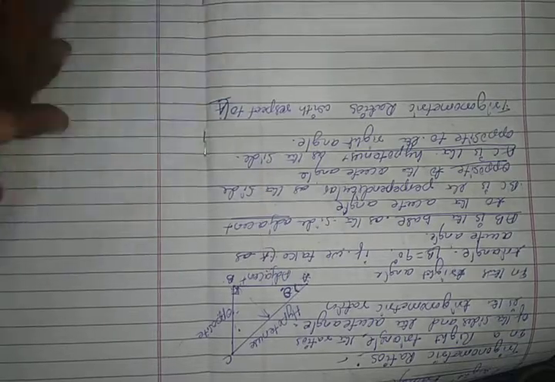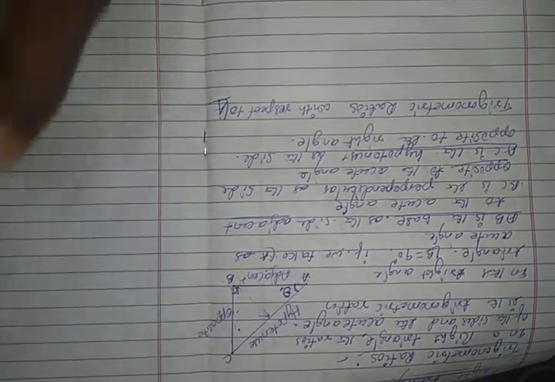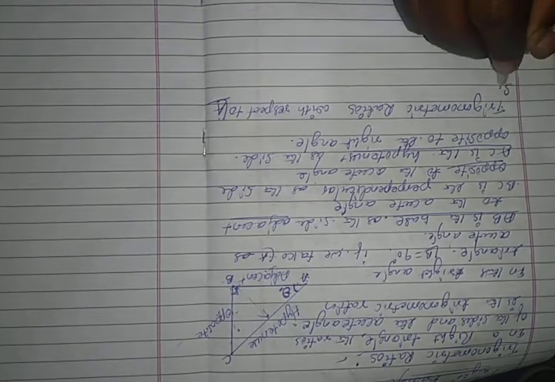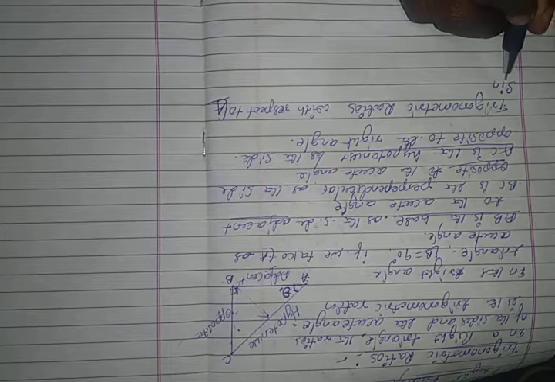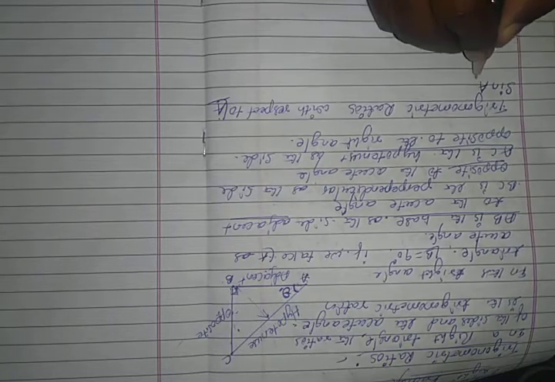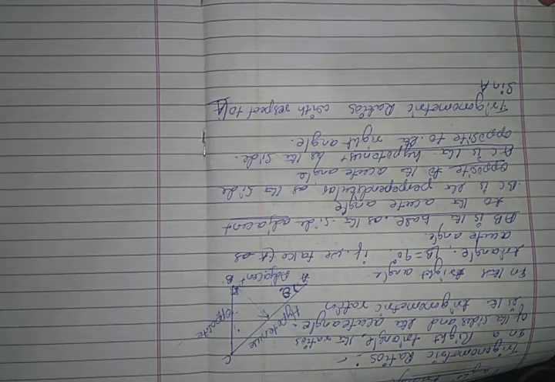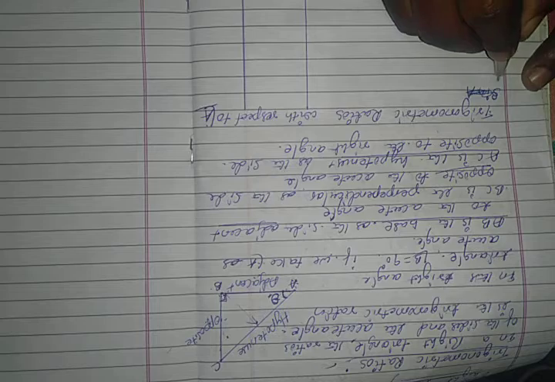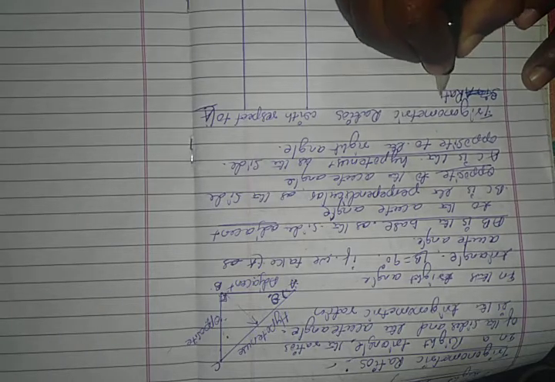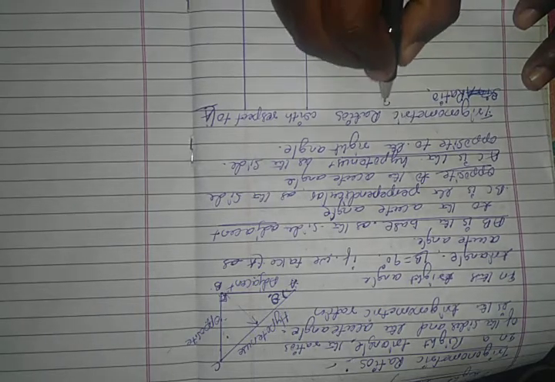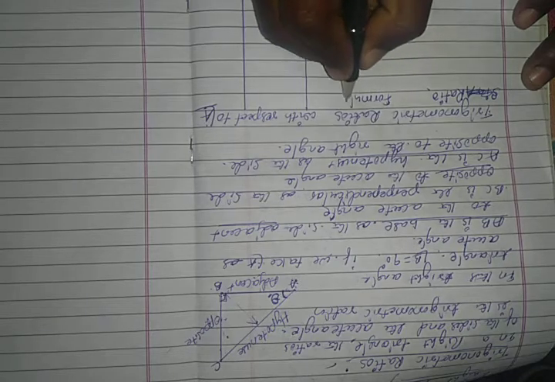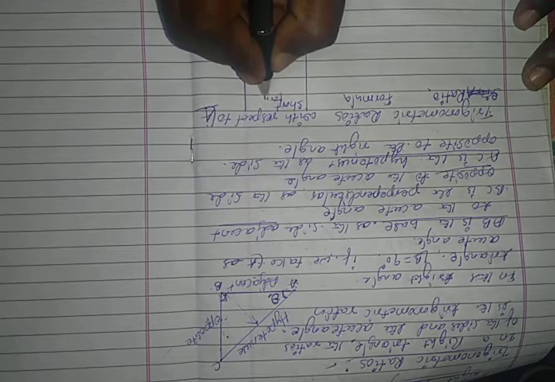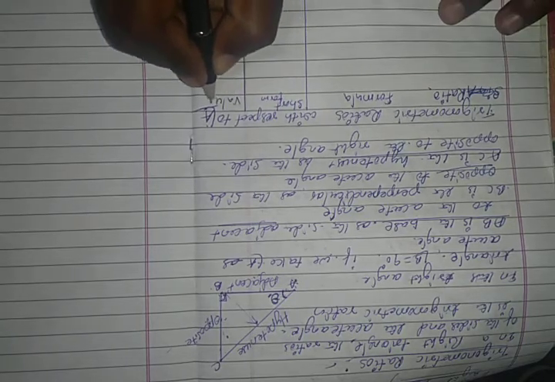So we are going to write the trigonometric ratios with respect to angle A, not angle C. First we can write the table. First column is ratio, second one is formula, third one is short form, and the last column is value.